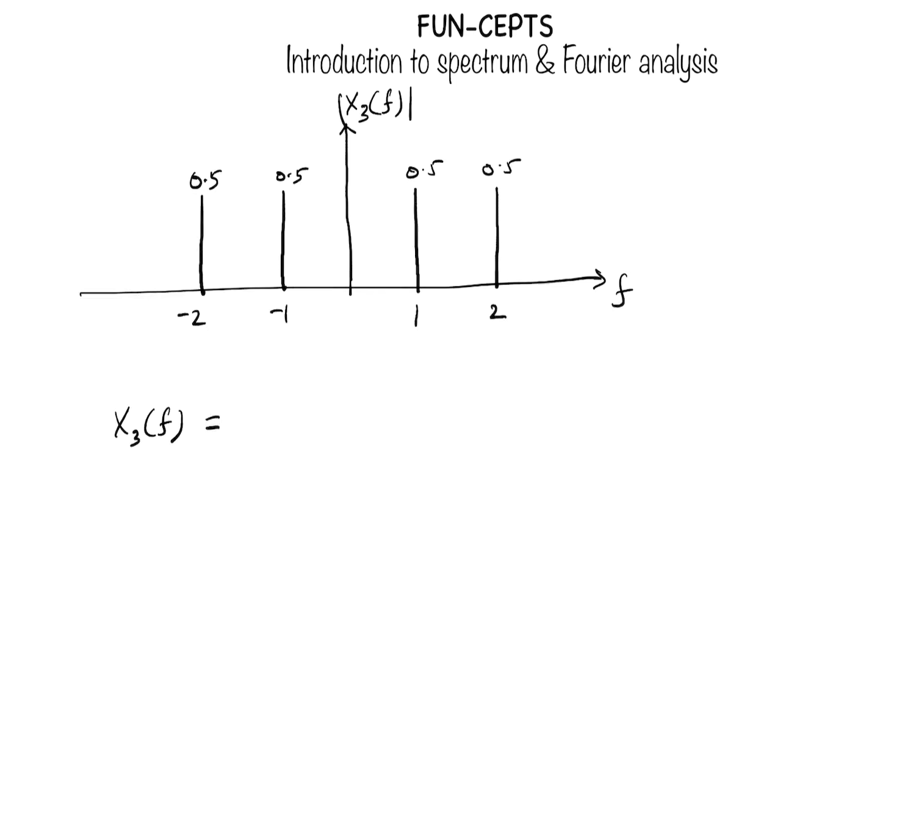So this is basically a delta function at 1 Hz and a delta function at 2 Hz. We can combine the 1 Hz components together, so it is delta of f minus 1 plus delta of f plus 1, and both of them have an amplitude of 0.5.